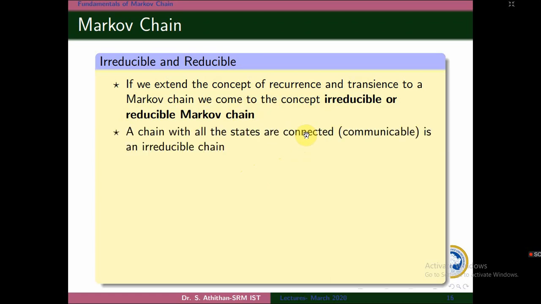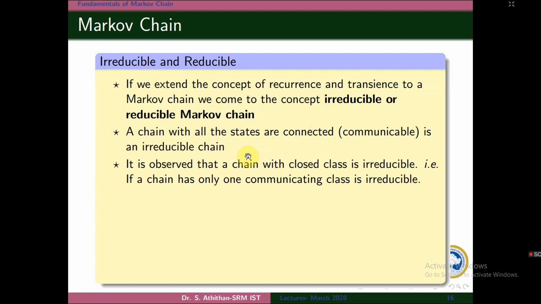If all the states are connected in a Markov chain, then the chain is irreducible. If you have two communicating classes, then the Markov chain is not irreducible, it is reducible.